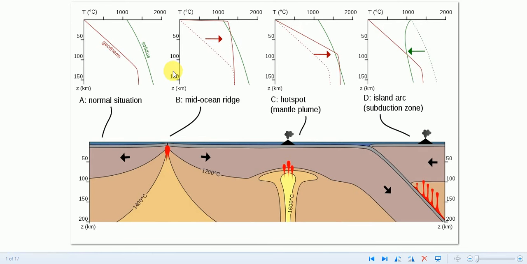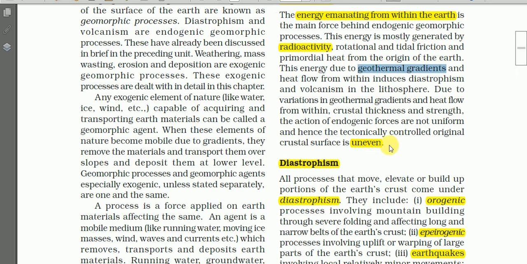So this is about the geothermal gradients. Due to variations in the geothermal gradients and heat flow from within, that is convection currents, crustal thickness and strength, the action of endogenic forces is not uniform, and hence the tectonically controlled original crustal surface is uneven.